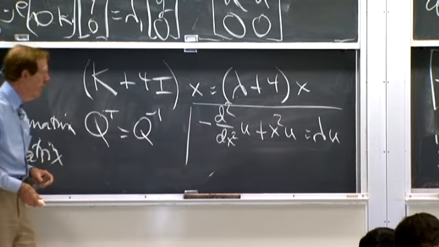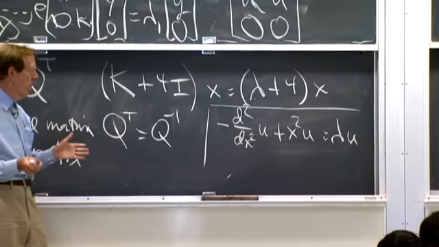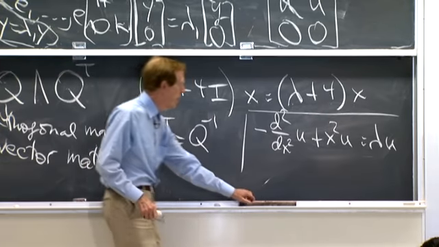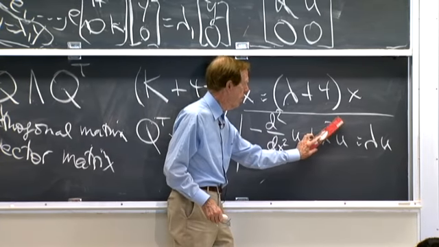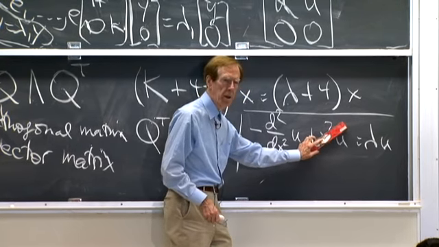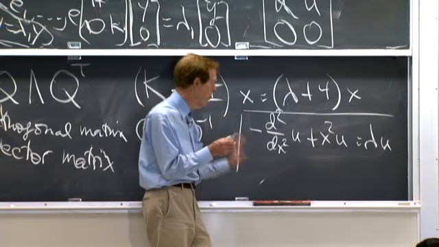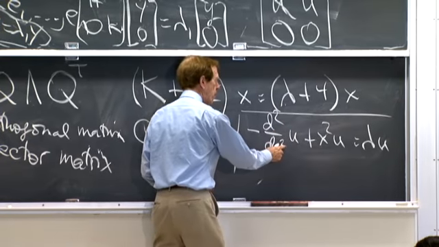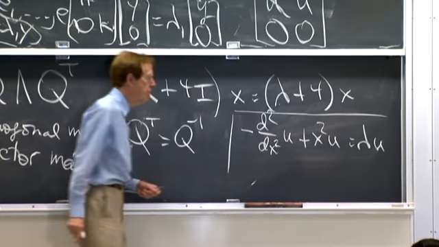Okay. Well, the case that we've done in class was without this x squared u term, right? The absolutely most important case is just the second derivative of u equal lambda times u.